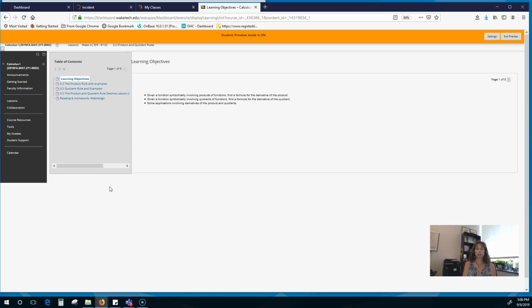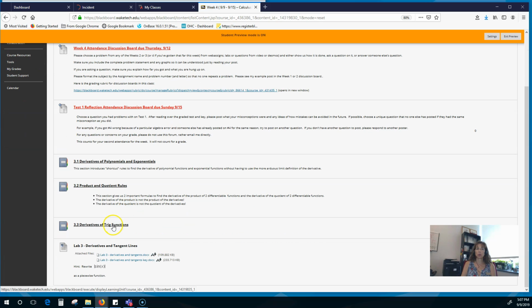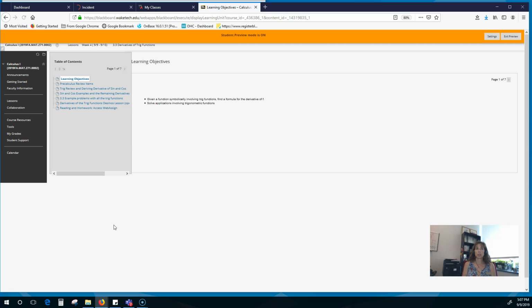So you're going to need to remember the quotient rule, and some people remember there's a goofy song for the quotient rule. And then section 3.3 gets a little more complicated. With section 3.2, if you have the quotient rule and the product rule down, you're set. But with section 3.3, you're getting more complex because it goes over derivatives of trig functions.